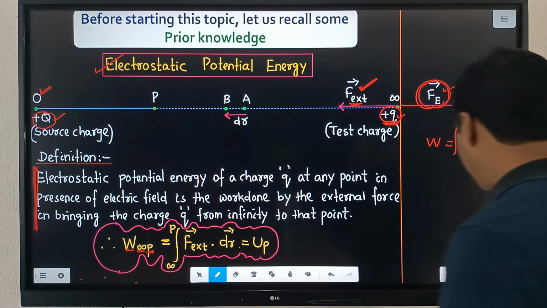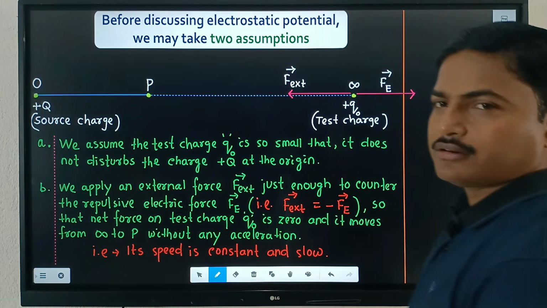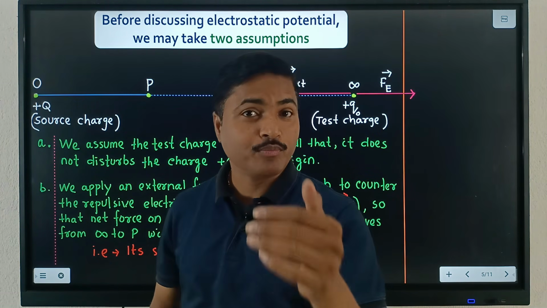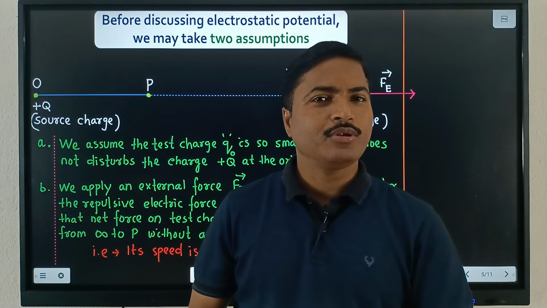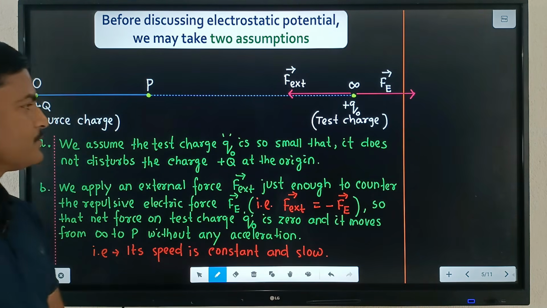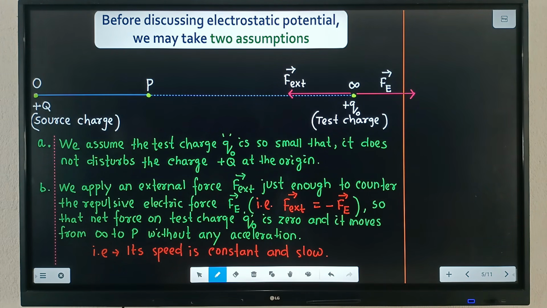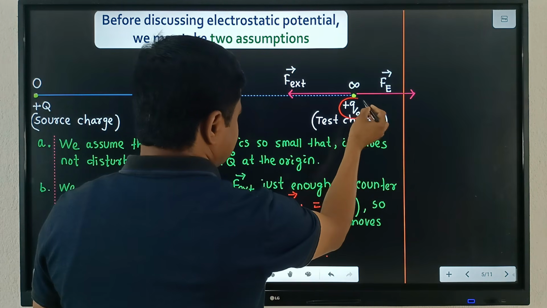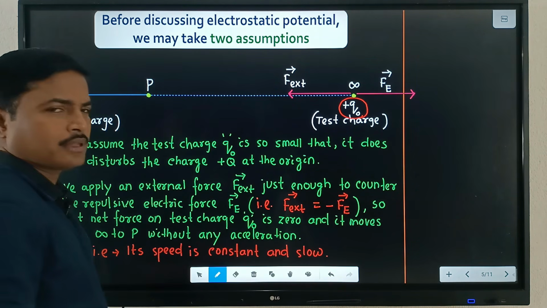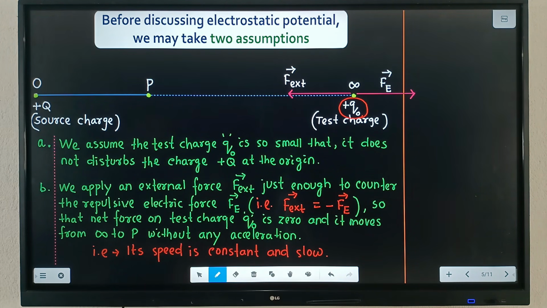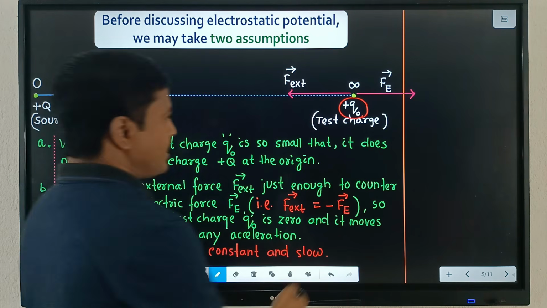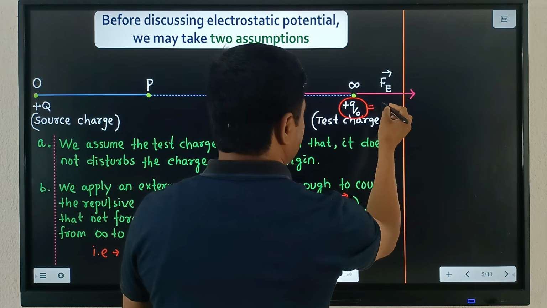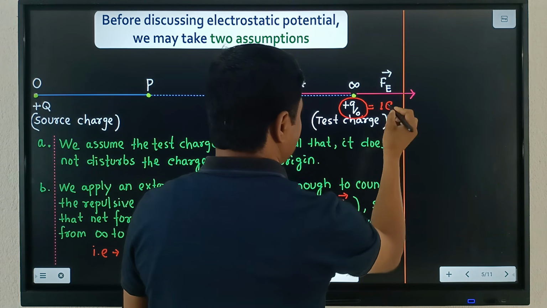But before discussing the electrostatic potential, here we take two assumptions. First assumption: we take the test charge, that is plus Q0, and its magnitude is 1 coulomb, that means 1 unit.